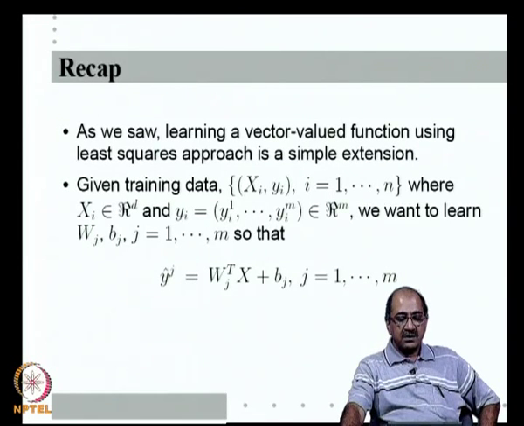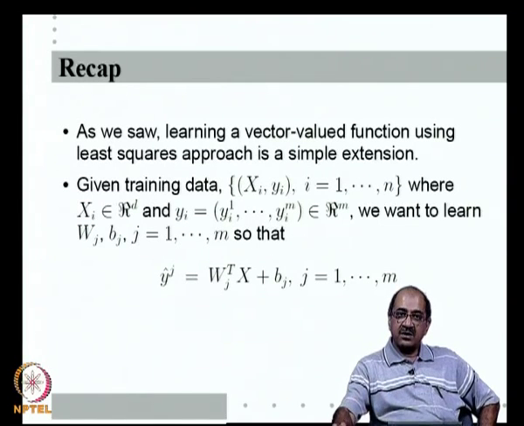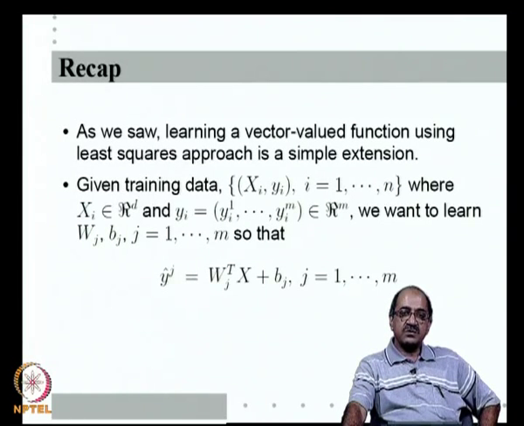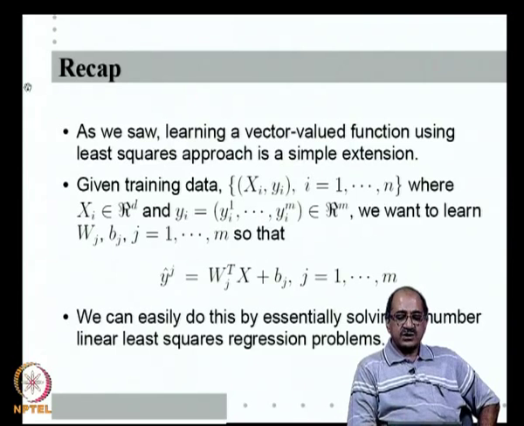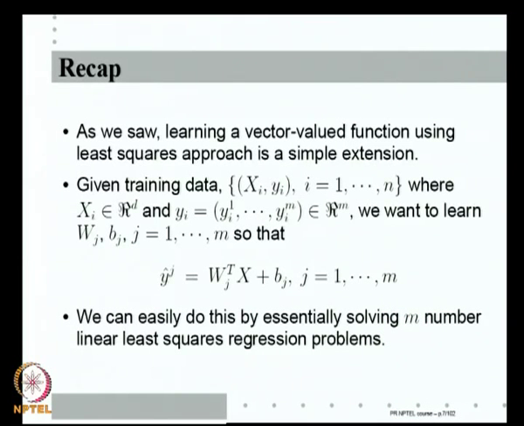What does that mean? Each component of y will be predicted by a linear model, which means we need to learn m vectors wj and m scalars bj, such that the jth output or jth target yj can be predicted as wj transpose x plus bj. So, when viewed like this, it is simply a question of solving m number of linear least squares regression problems separately, because the wj and bj that are involved in predicting the jth component of the output have nothing to do with the w's and b's in predicting any other component of the targets.